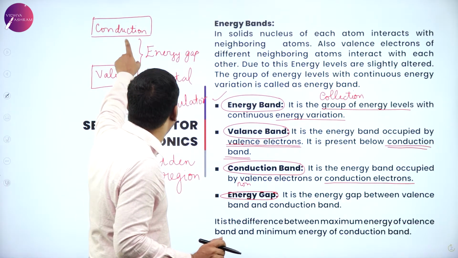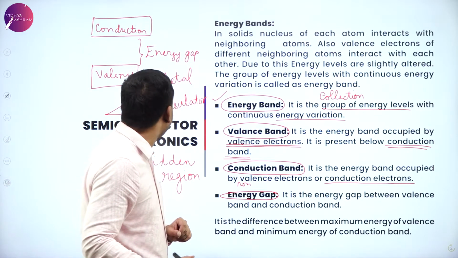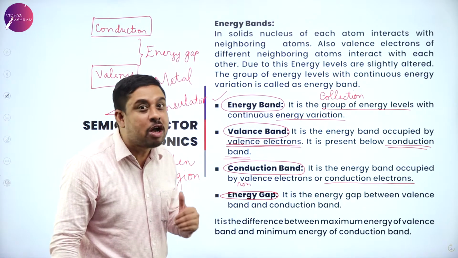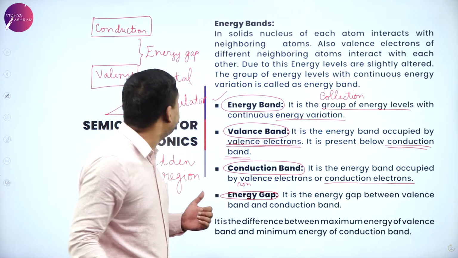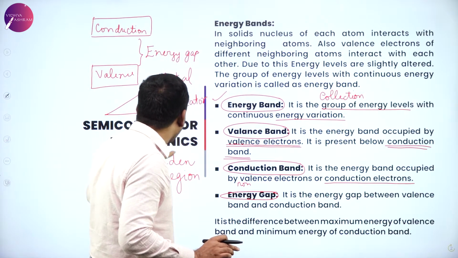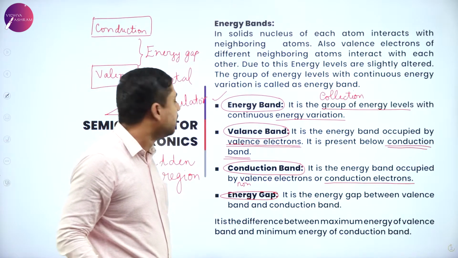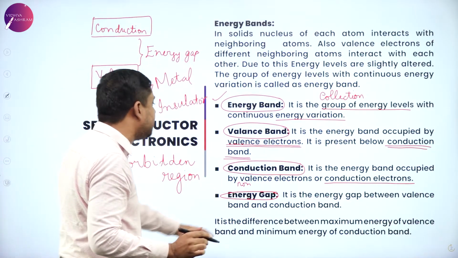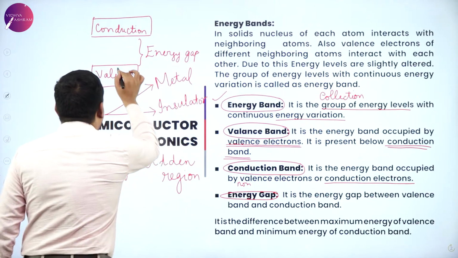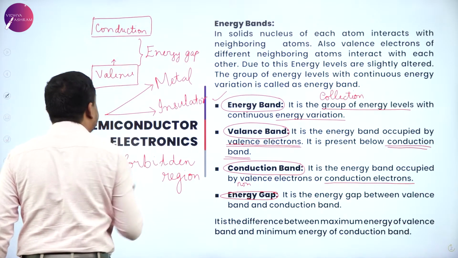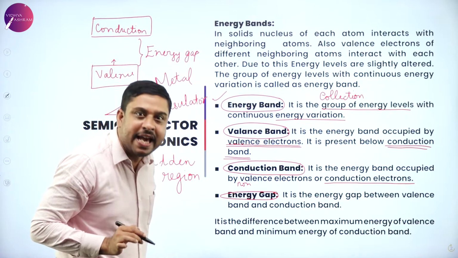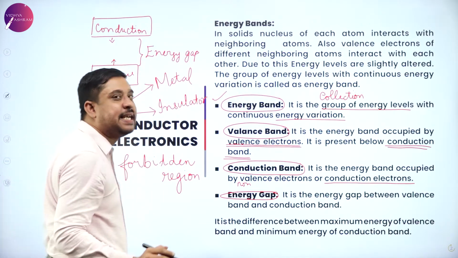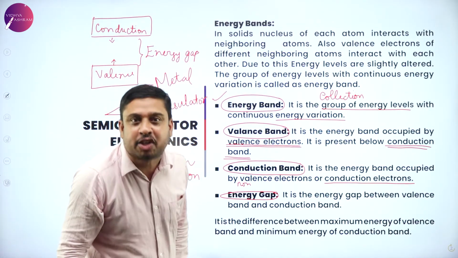It is present between the conduction and the valence band. Here, the electrons cannot enter. Therefore, it is called energy gap or forbidden region. Or also we say, it is the difference between maximum energy level of the valence band and minimum energy level of the conduction band.